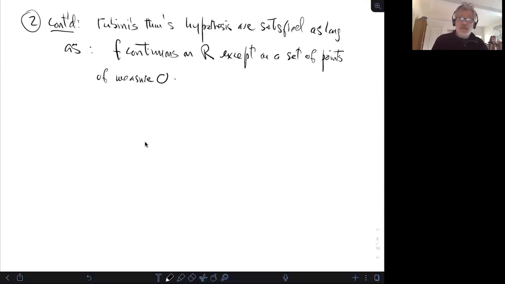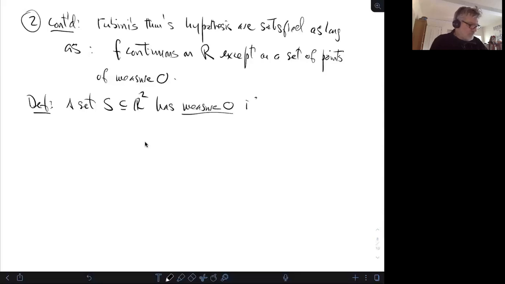Okay, so what does that mean? A set S in the plane has measure 0 if, intuitively, it means it has 0 area. But formally, what does it mean? It's that you can cover it by rectangles of arbitrarily small total area. You can use an infinite amount of rectangles as long as the total area of the rectangles is arbitrarily small.